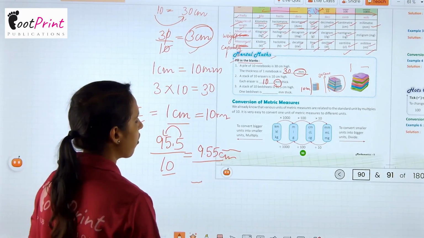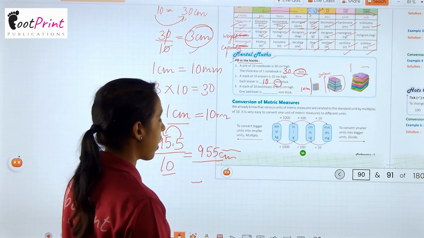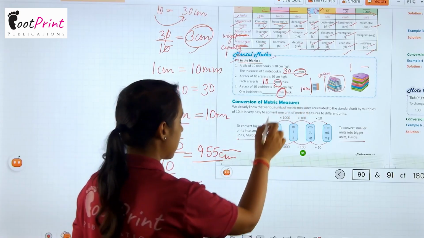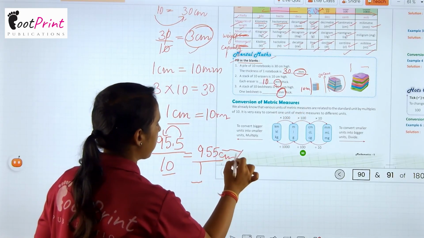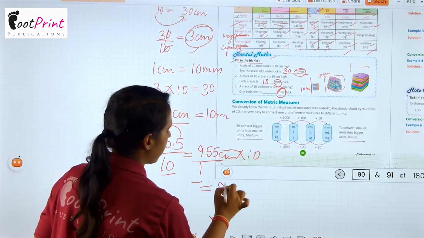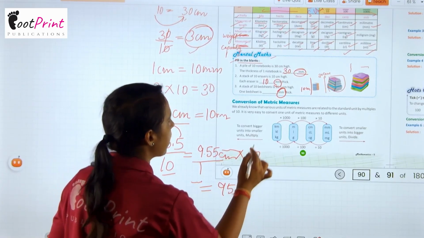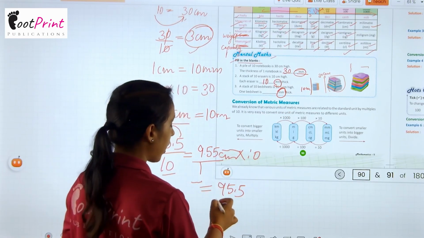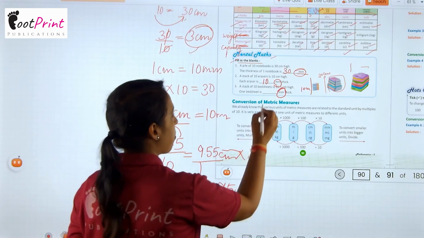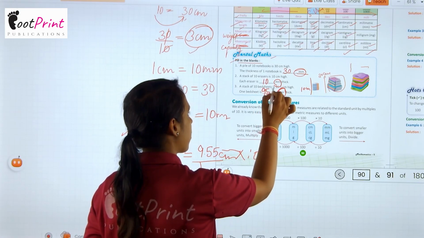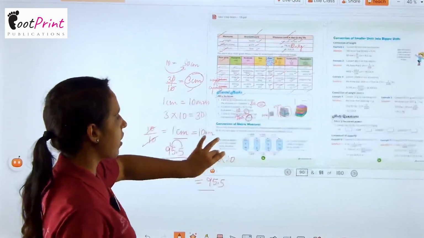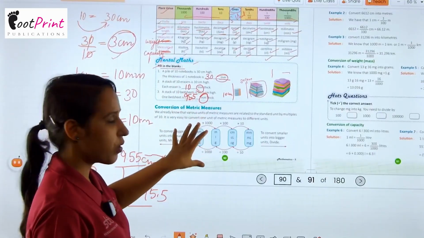Now we have 9.55 centimeter, but we have to convert it into millimeter. So we multiply it by 10 and we get 95.5 millimeter. In this way we can do these questions.